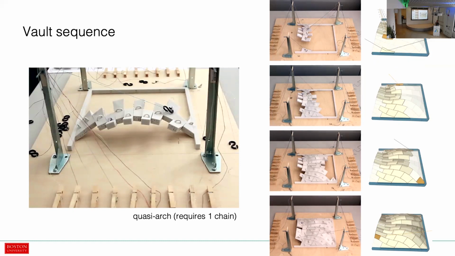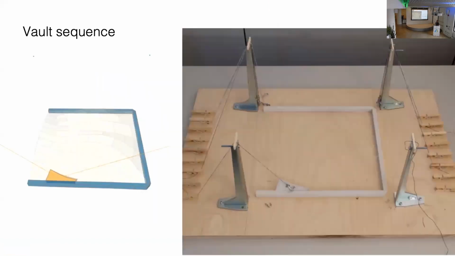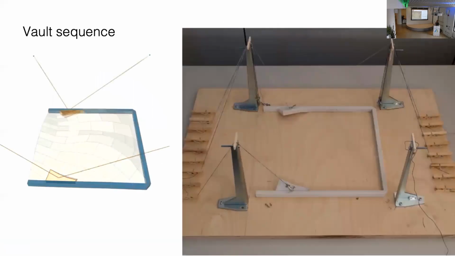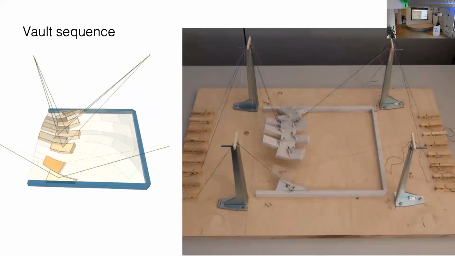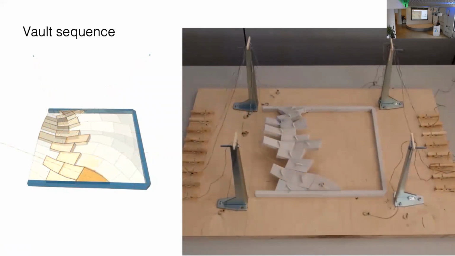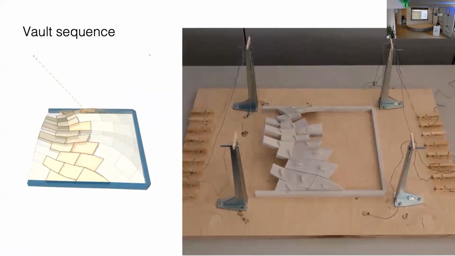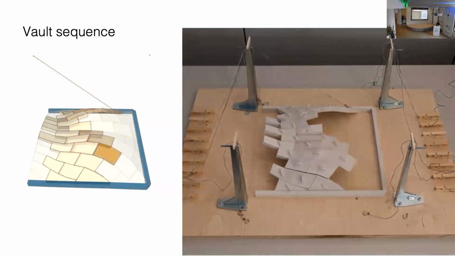So here we have just a still of the intermediate stage. This is once the first quasi-arch has been produced. Here's a video showing its construction. So here we had these 3D printed blocks as our test site. You can see that already there's only 1 or 2 chains that are needed at a time.